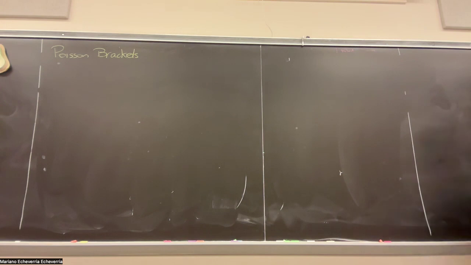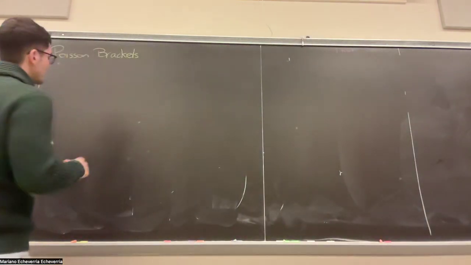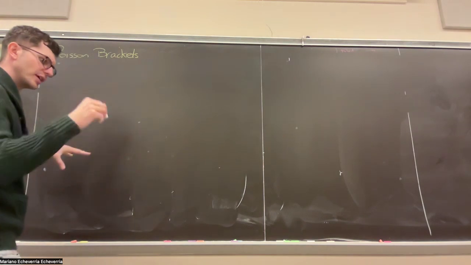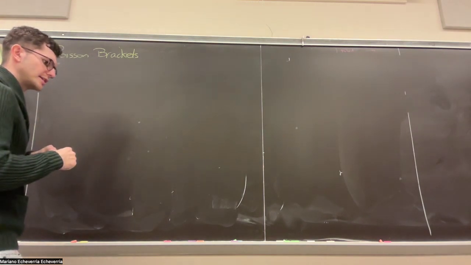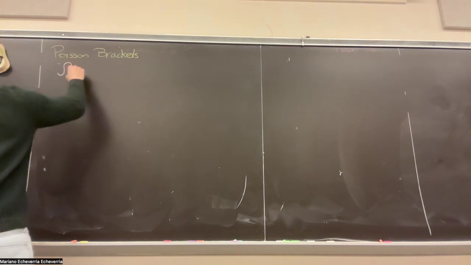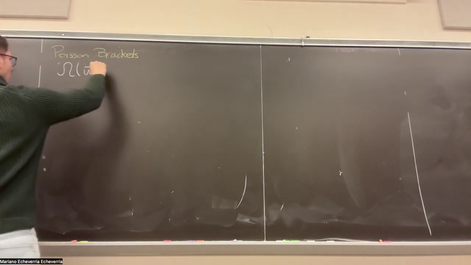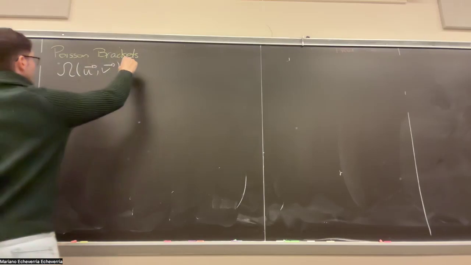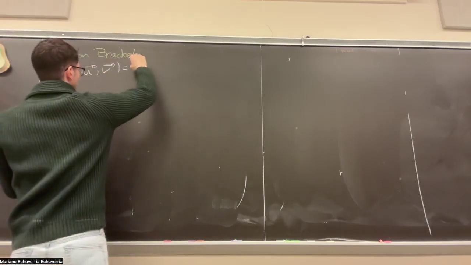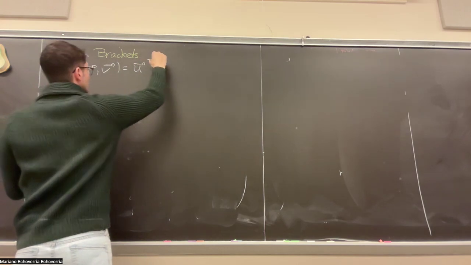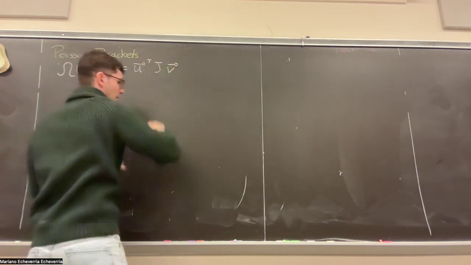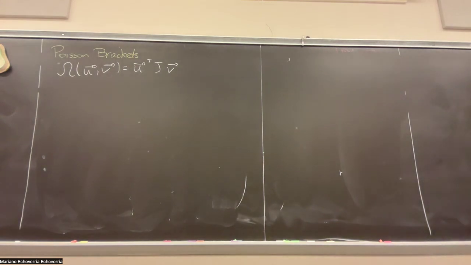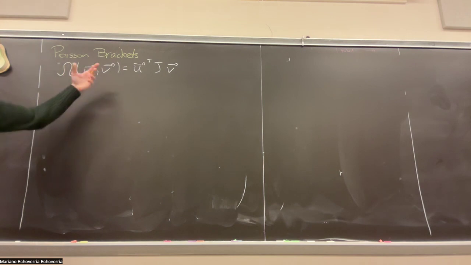Okay, so the Poisson brackets, to define them, let me remind you that I had given you this definition of the matrix omega from last time, which was called the symplectic form. So this was just U transpose J B. This is sometimes called the symplectic form. It's defined for vectors, right?